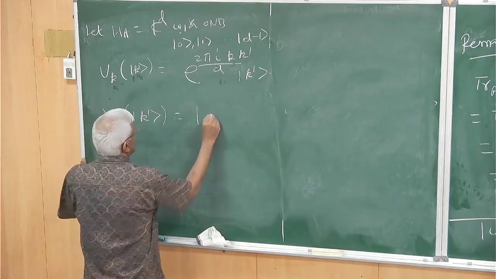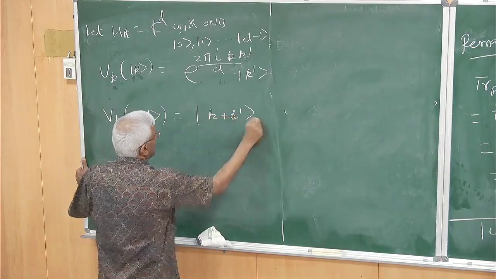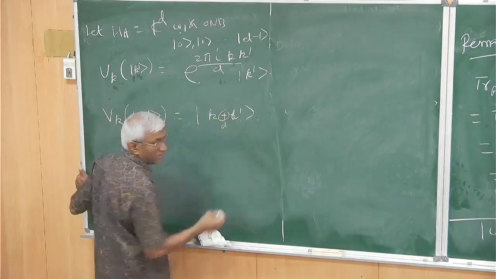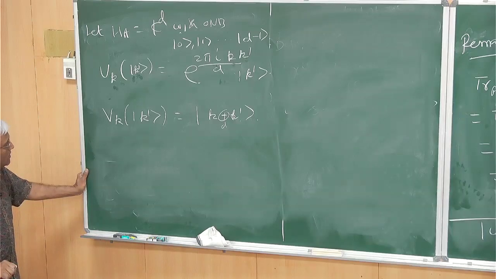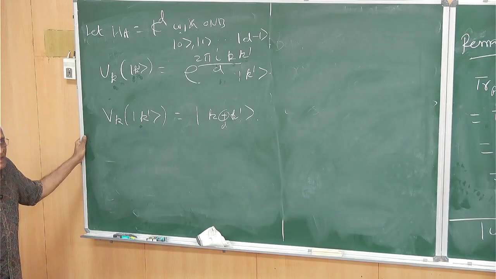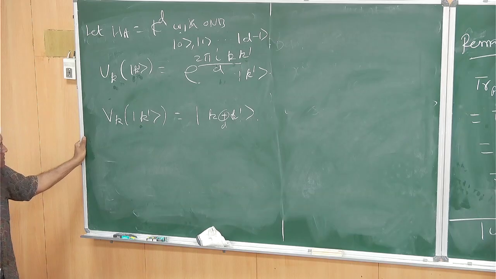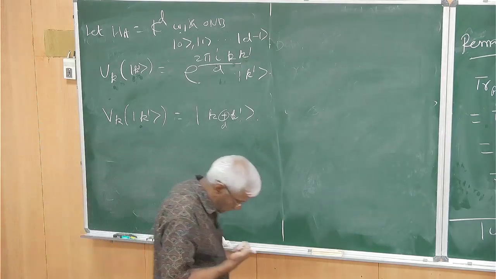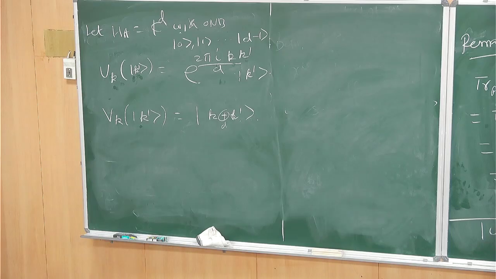This is just k plus k prime, modulo d. It takes the vector to that vector. This is just the permutation matrix, right?